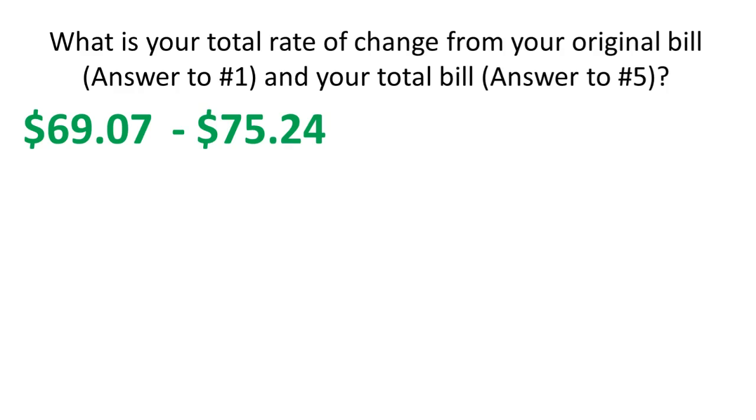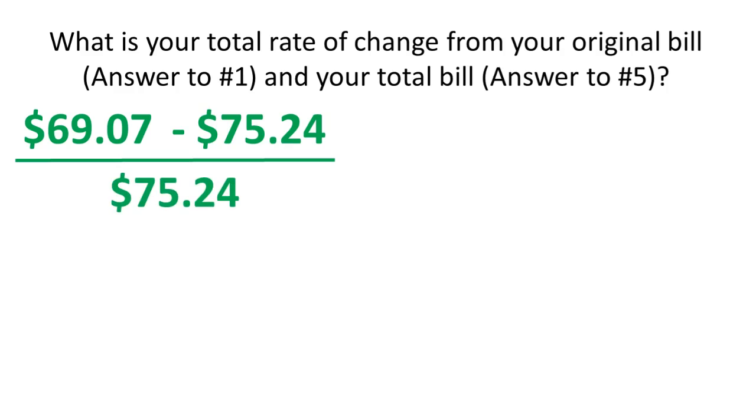I'm going to take that value, that difference, and divide it by the final value. A good way to remember this, notice the second value up top and the only value down below should be exactly the same. Whenever I have a big rational expression like this, I like to simplify everything up top, then simplify everything down below before I do anything else.